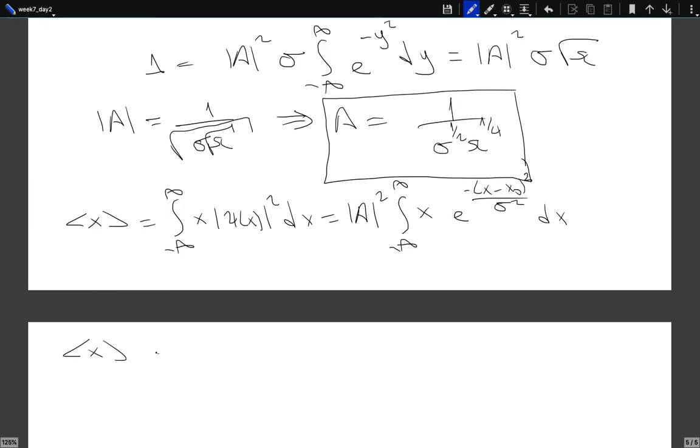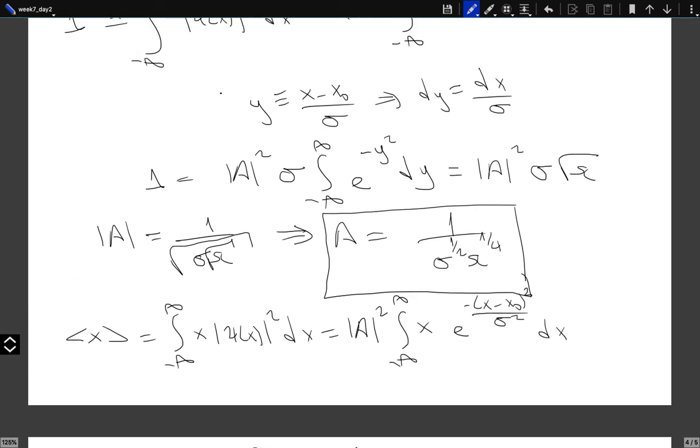So the average of x will be a squared sigma integral from minus infinity to infinity dy e to power minus y squared. Well, you see, this tells me that x is sigma y plus x0.